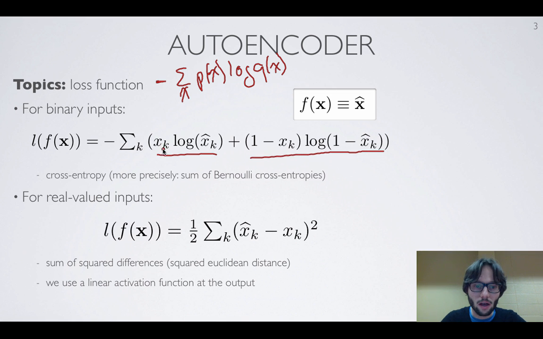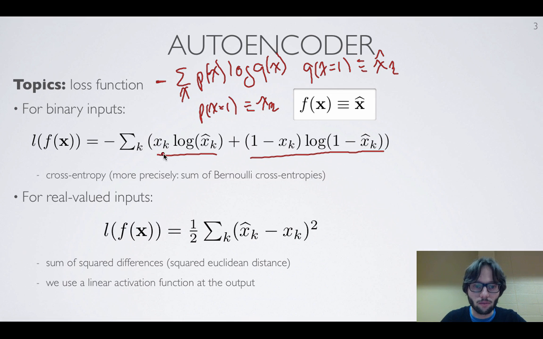In this case, P of x equal to 1 would be equivalent to our xk, and then Q of x equal to 1 would be equivalent to x hat k.